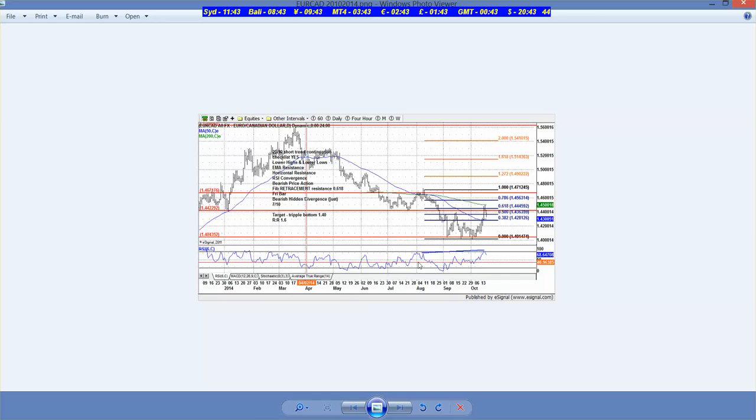It's a lower low, and it's certainly a higher high in momentum, but it's certainly there. Target the triple bottom of $1.40 gives you a risk reward of 1.6. Okay. That's all good.